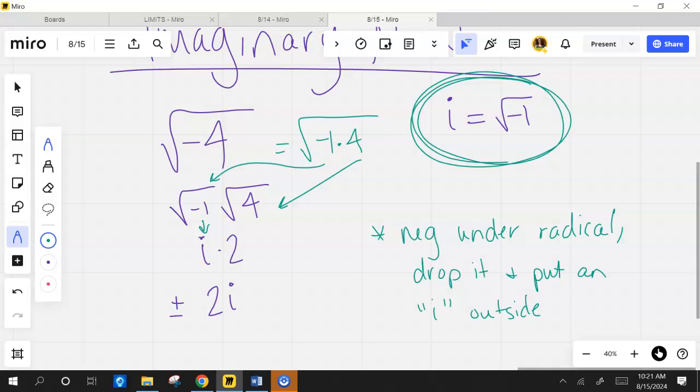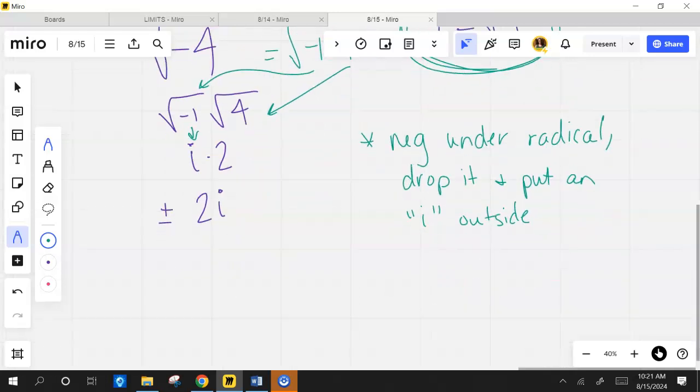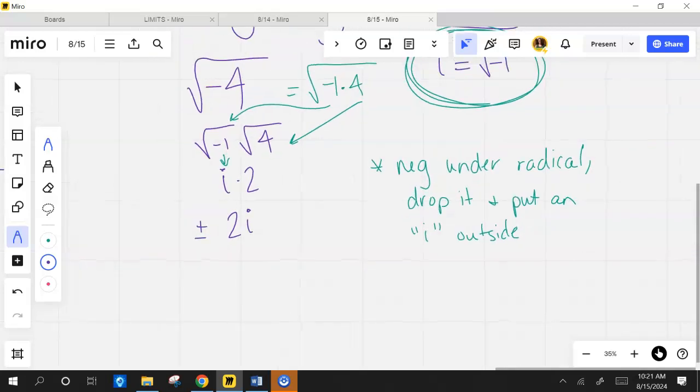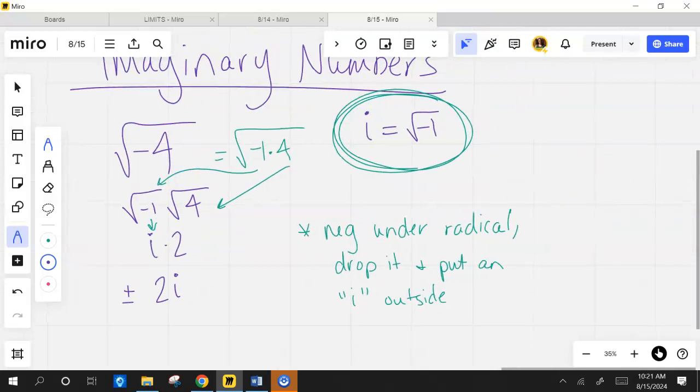If there's a negative under the radical, drop it off and replace it with an i outside the radical. Y'all don't make this harder than it is. Negative is an imaginary number.